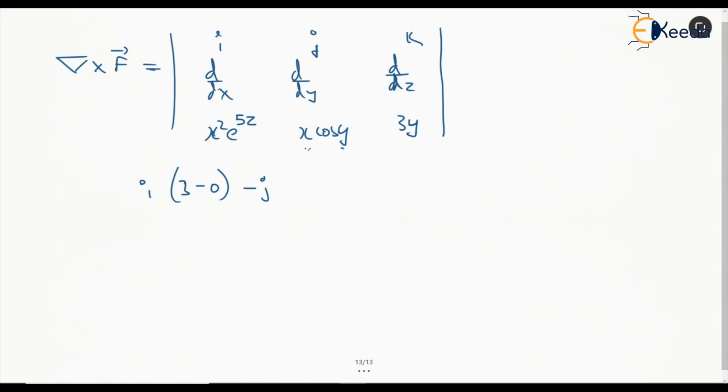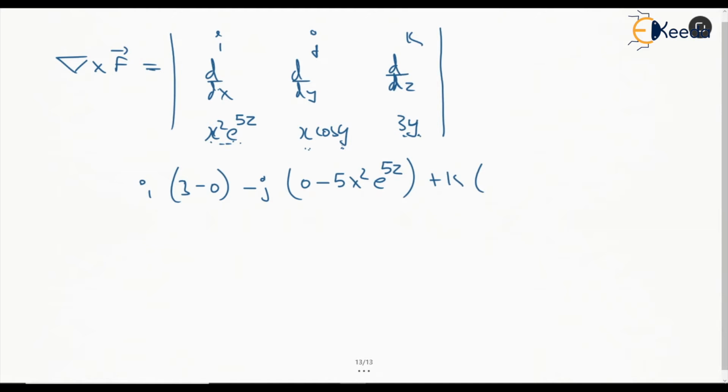Minus j times the derivative of 3y with respect to x, that is 0, minus the derivative of x square e to the power 5z with respect to z, which will be 5x square e to the power of 5z.